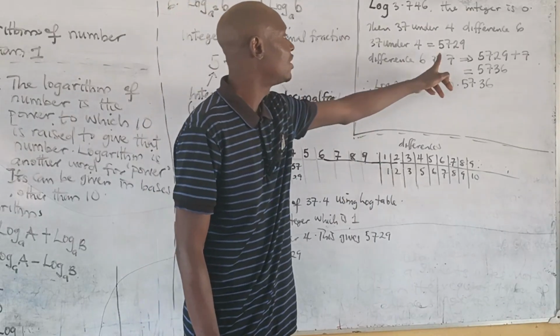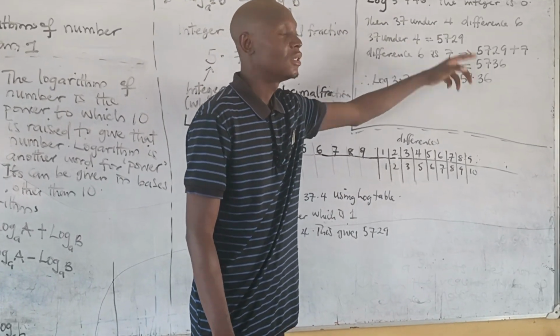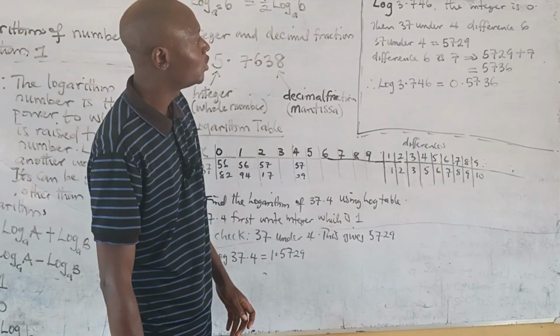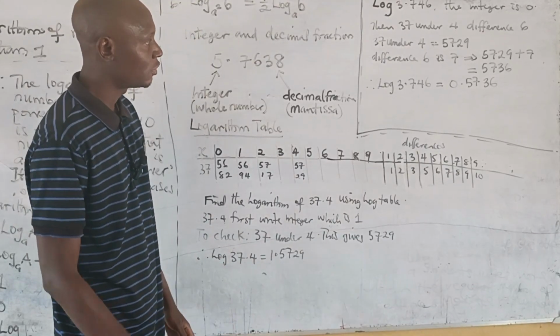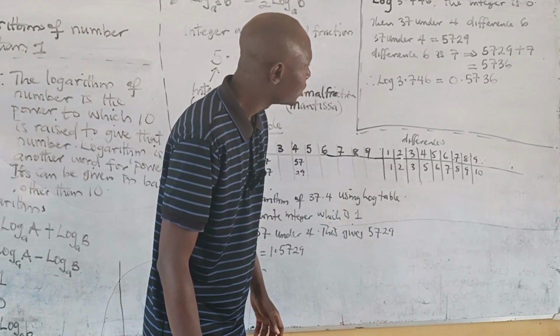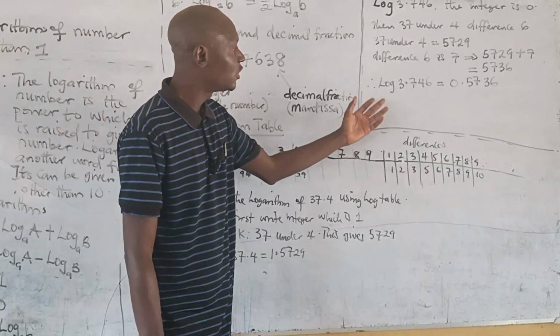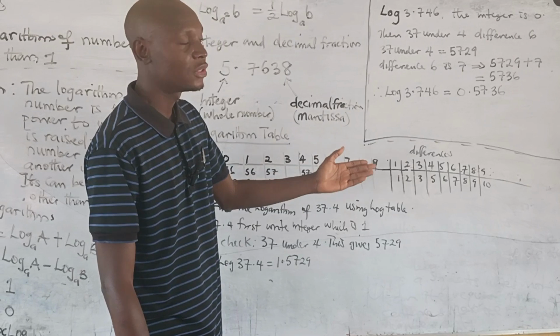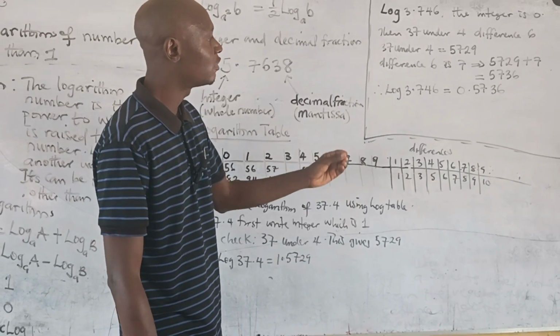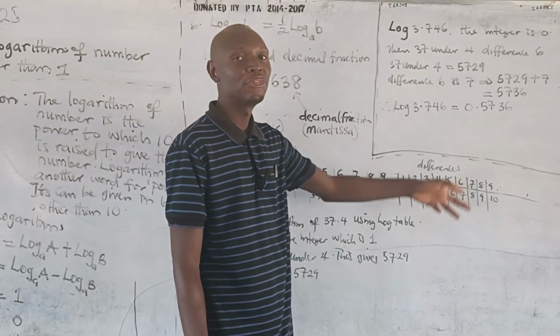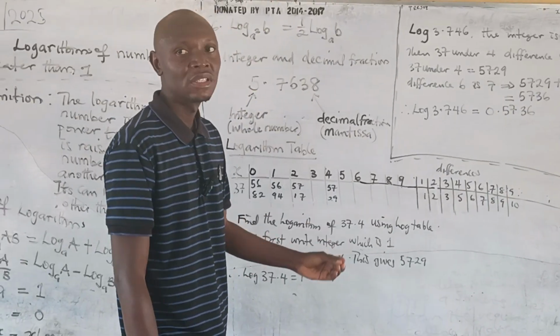So we are going to add the 7 to this. It's going to give us 5729 plus 7, so we have 5736. So the log of 3.746 will give us 0.5736. This 0 before the decimal point is the integer.